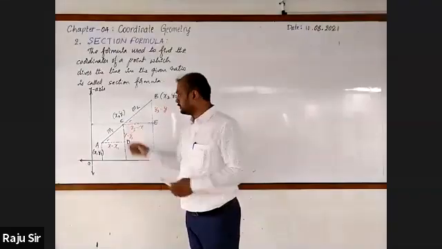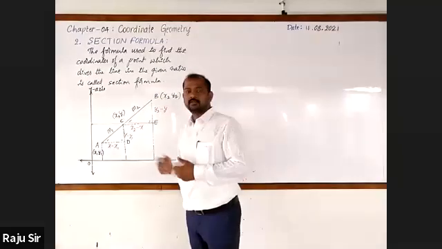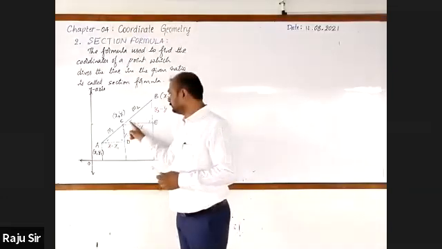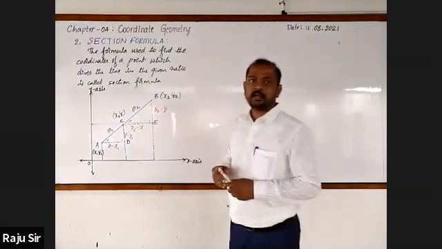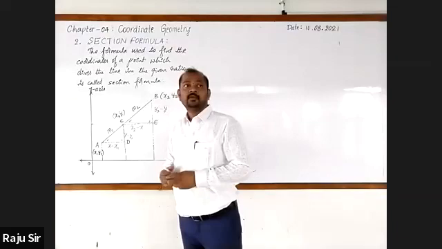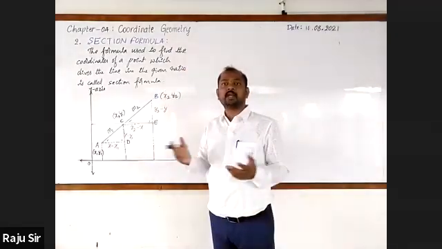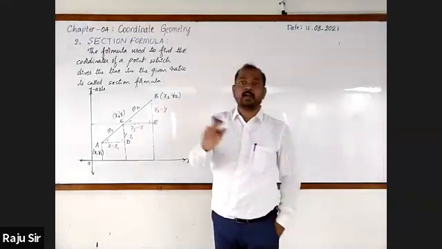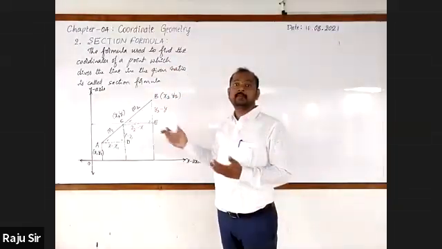These two are corresponding angles. Are these two angles equal? Yes, both are right angles. Then what about this angle and this angle? They are also equal because they are corresponding angles. If the corresponding angles of two triangles are equal, the triangles are equiangular triangles. And we also know that equiangular triangles will always be similar.